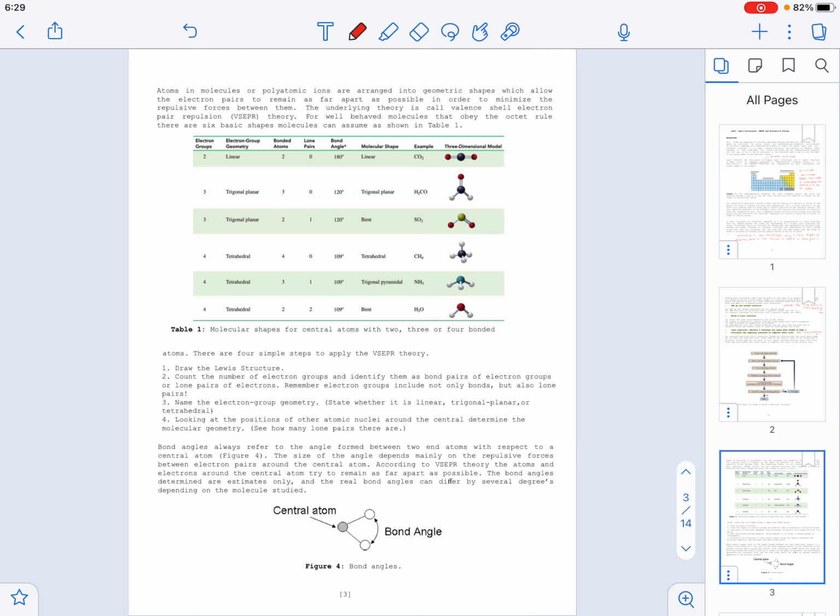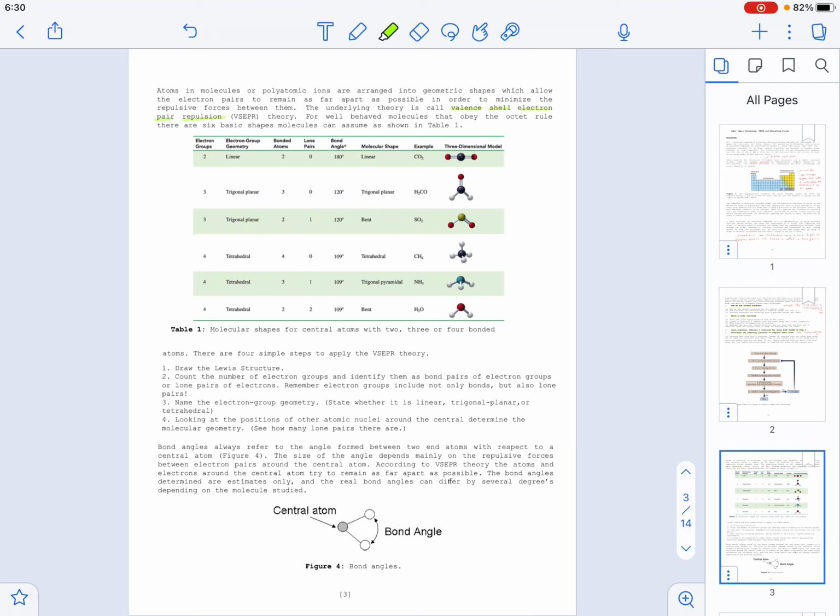On page 3 of the lab, we start discussing VSEPR rules. VSEPR is specifically, let me highlight it, the valence shell electron pair repulsion theory. So what this means is that, as we know in everyday life, like charges repel each other.